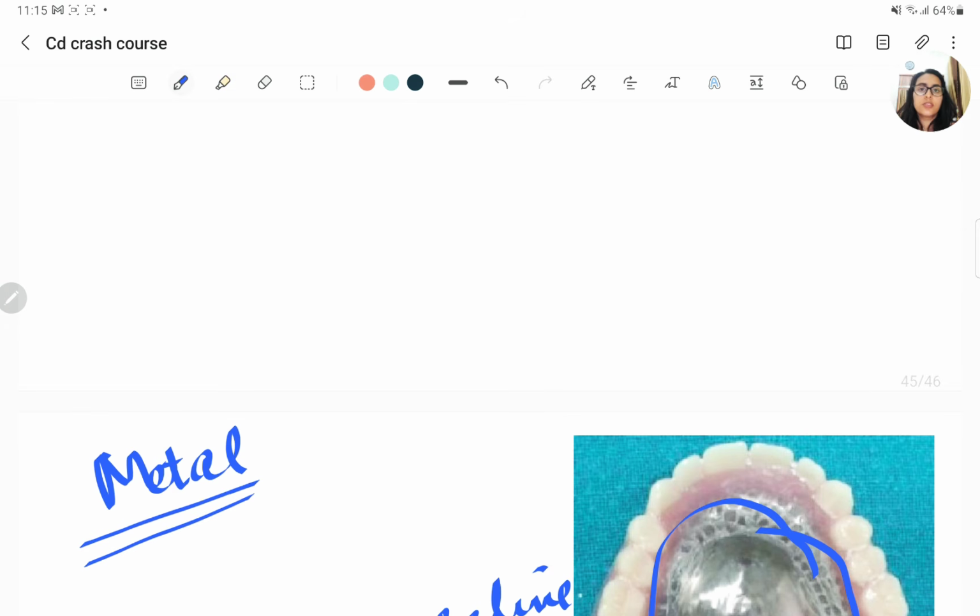So you can just revise it in half day, 4 to 5 hours, and then again you can watch the video, increasing the speed again. So at least 1 to 2 times, up to 3 times you can revise one subject in a day, and that is the motto of our crash course, so that you can cover one subject in a day and you can master all the subjects in the last month of your exam.